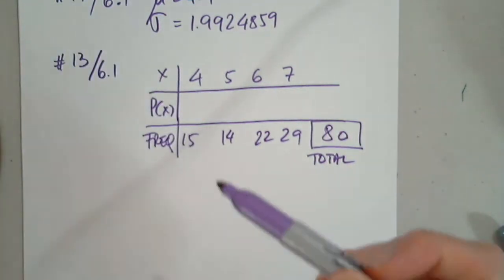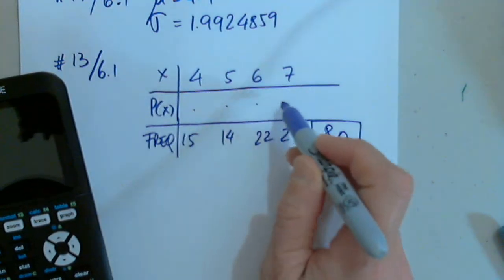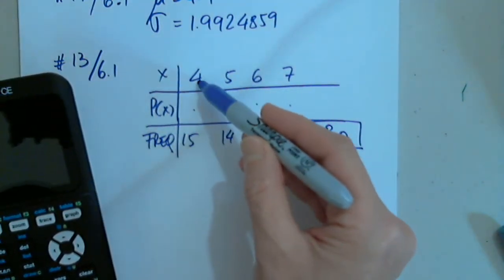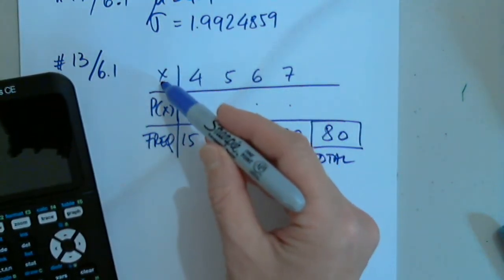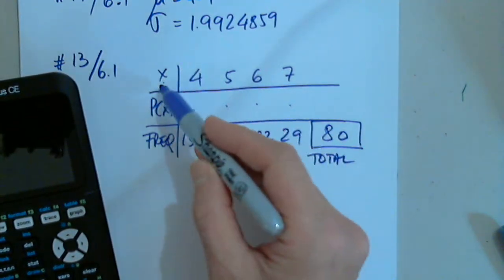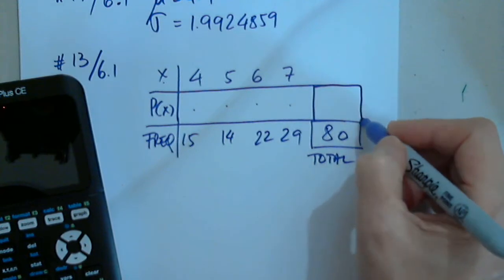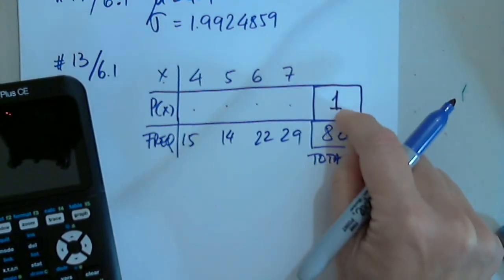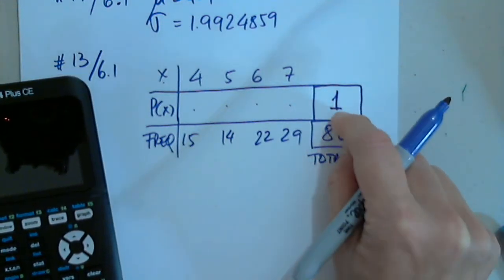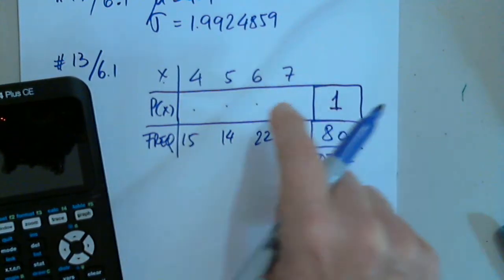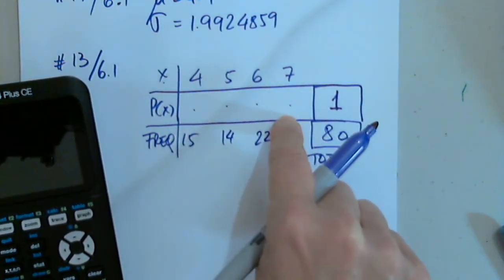To determine the probability for each outcome, for x equal 4, 5, 6, 7, I have to remember to always check they add up to 1. If they are 0.99 or 1.01, something is wrong. I have to go back and adjust.